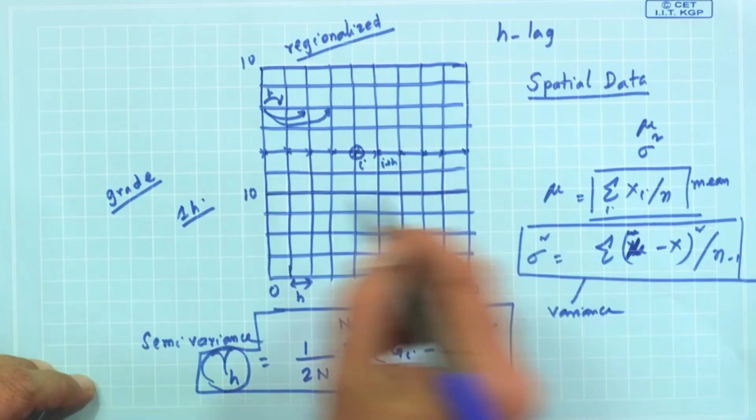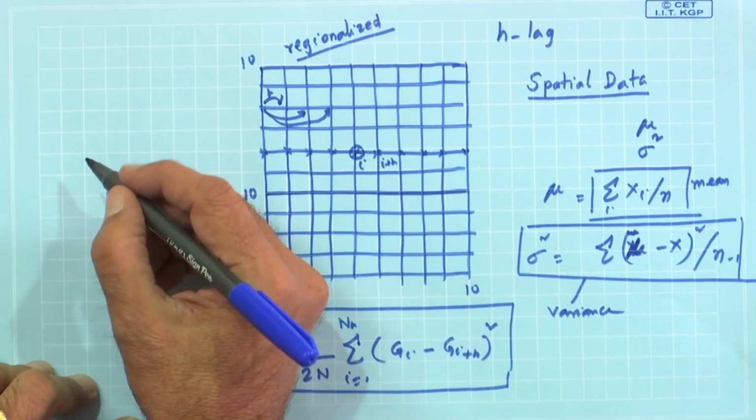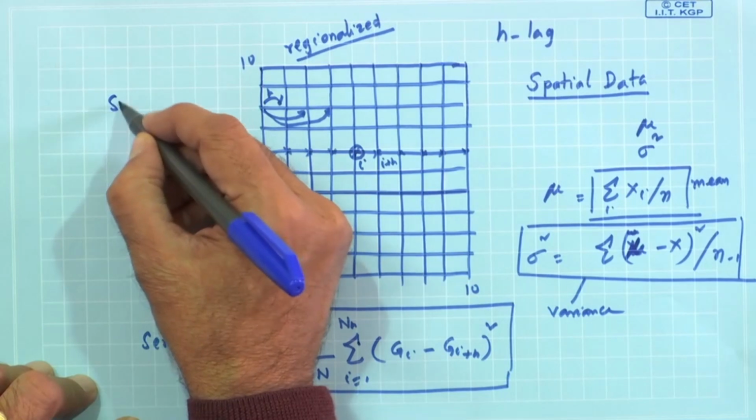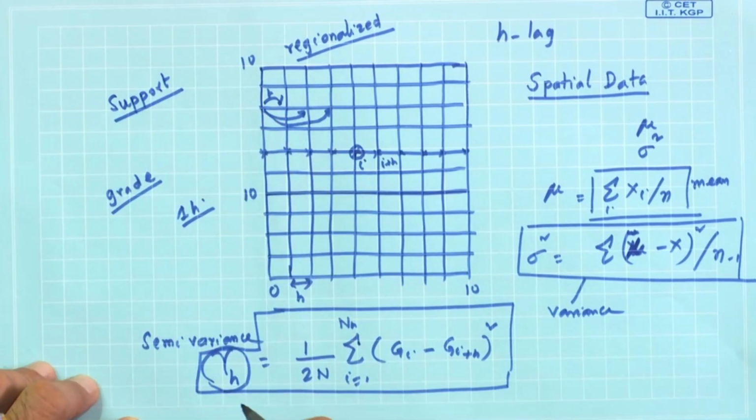This regionalized variable is always referred to in connection with something called support. Examples of regionalized variables are many. Even a surface elevation measured at different points on the earth's surface can be a regionalized variable. Depth of water table can be a regionalized variable, and there are many such examples.